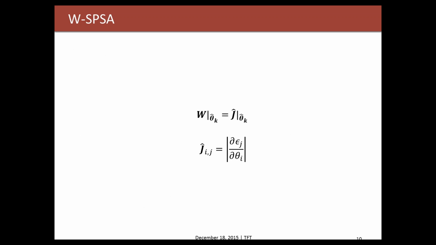When I say the adjusted Jacobian matrix, it means that each element is replaced by the absolute value from the traditional Jacobian matrix. And the reason for the absolute value is just because we are interested in the magnitude in this problem. So the weight is the relationship, or the difference, between a specific measurement J and the perturbation of the parameter I.